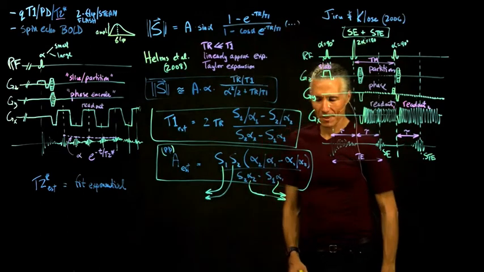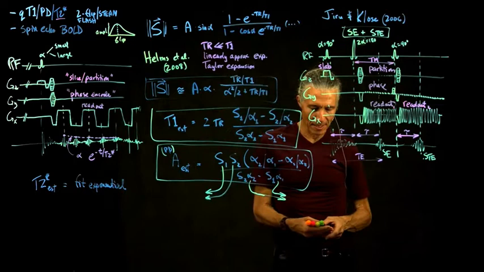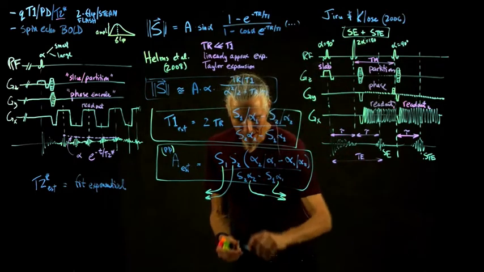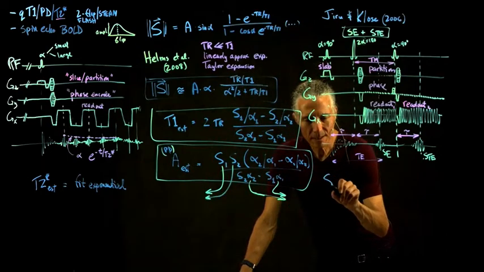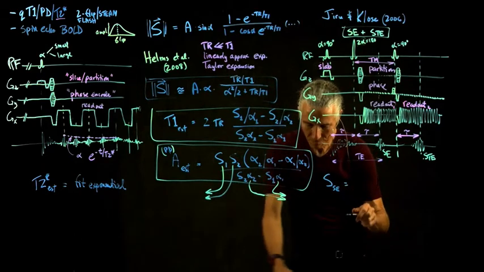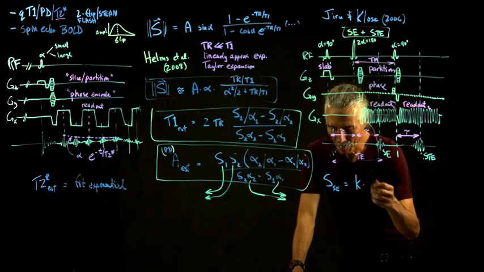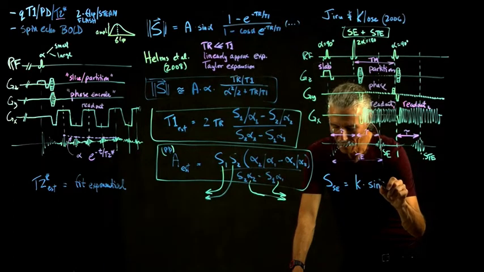So how do we use that? The equation for the stimulated echo, I could write that one down. So the signal for the stimulated echo is equal to basically our proton density, which we don't know, but we can just use a constant for that because it's going to divide out.